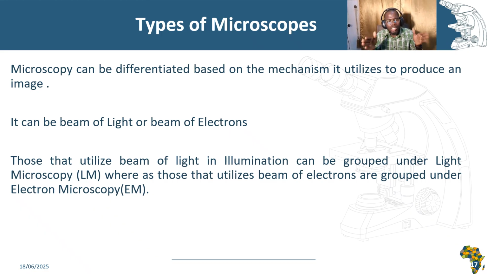On the basis of radiation type, we have light microscope and electron microscope. On the basis of image formation, we have microscopes producing two-dimensional images and microscopes producing three-dimensional images.